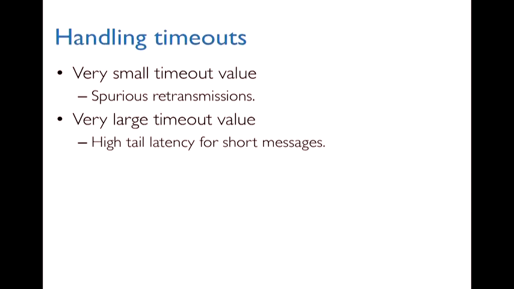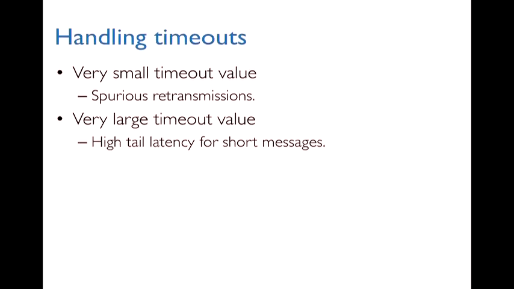Now, selective acknowledgements can be useful in recovering from packet losses quickly only when there are enough packets in flight to generate these selective acknowledgements. For tail packet losses or for losses in single-packet messages, we need to rely on timeouts. These timeout values can have a huge impact on performance if they're not configured correctly. A very small timeout value can lead to too many spurious retransmissions, and a very large timeout value can result in high tail latency.